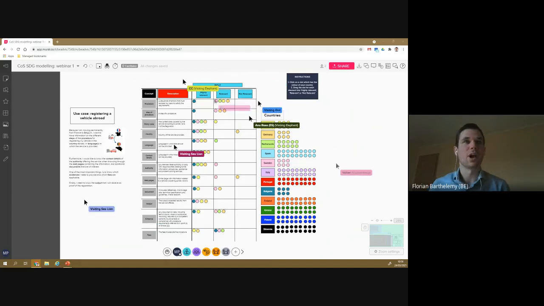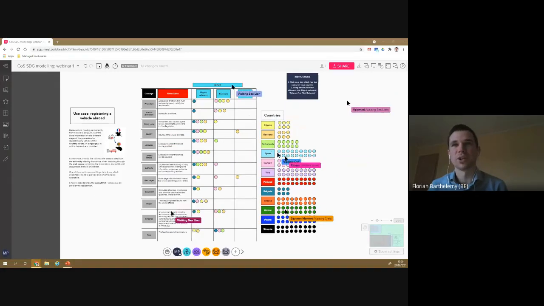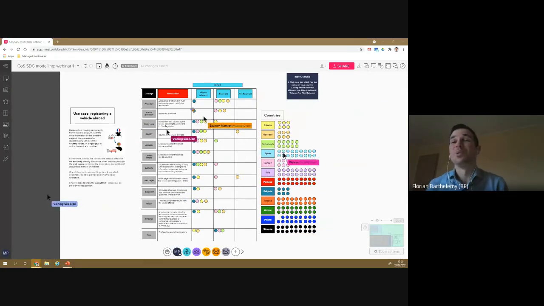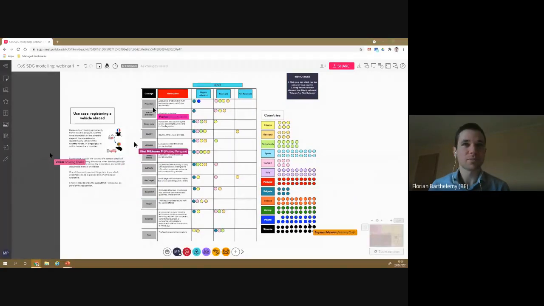not relevant. Basically, what we would like you to do right now is to take a few minutes to start putting the colored dots on the right side, next to the name of your country, in the right column next to each concept.